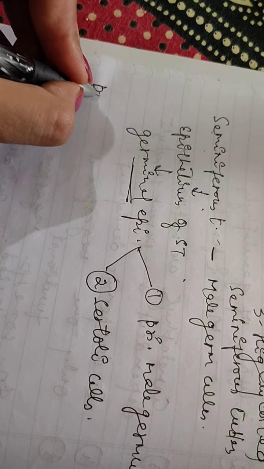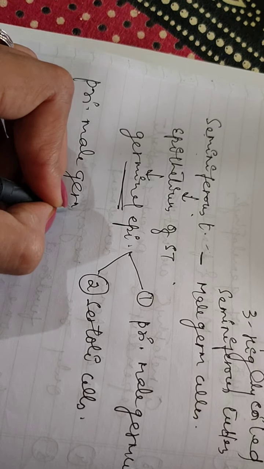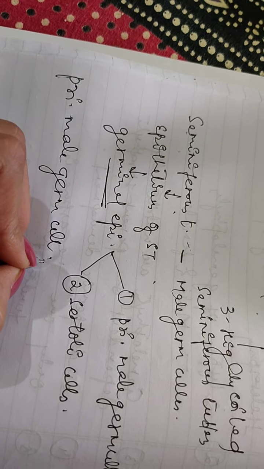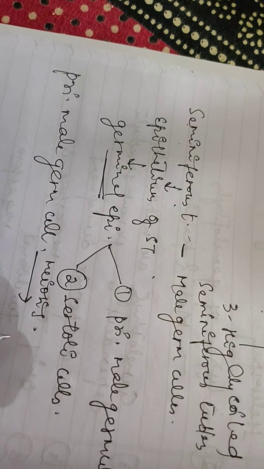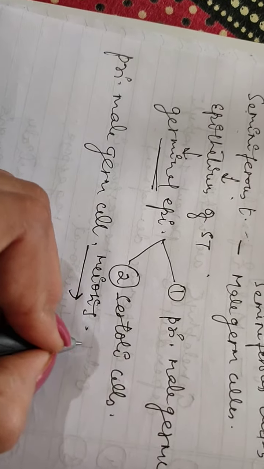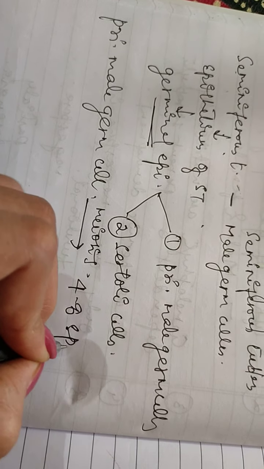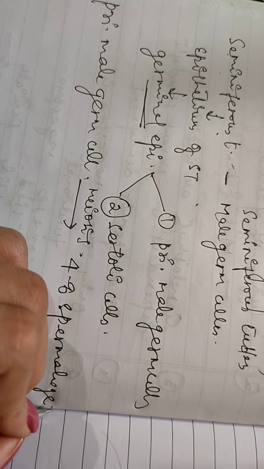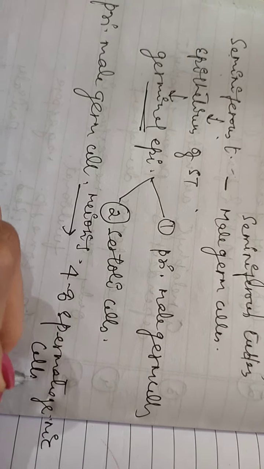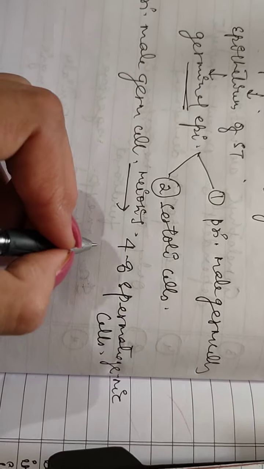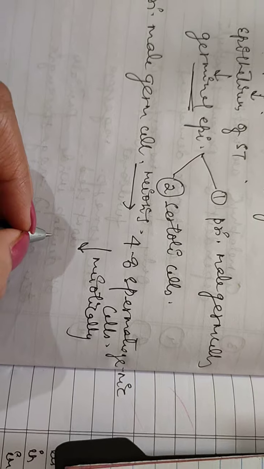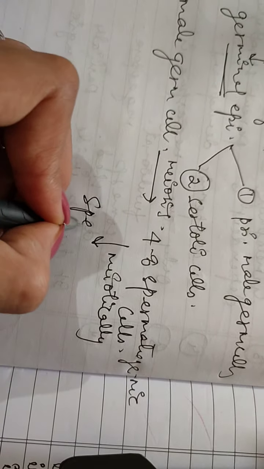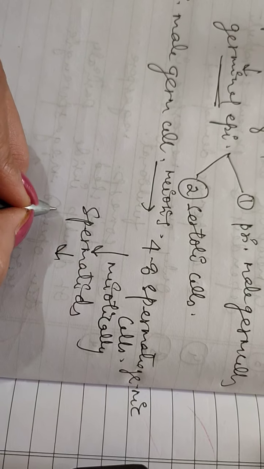This primary male germ cell undergoes meiotic division, meiosis, to form 4 to 8 layers of spermatogenic cells, and these divide meiotically to form spermatids which mature into spermatozoa.